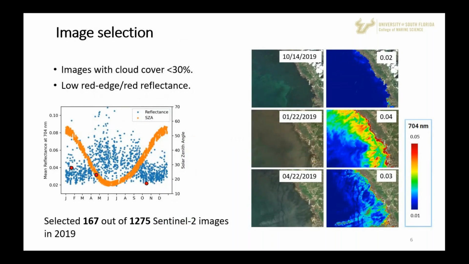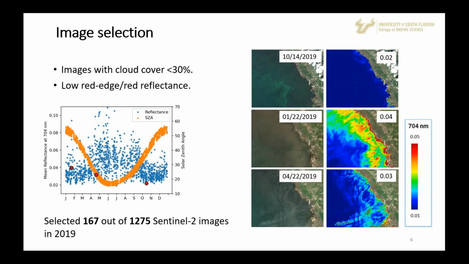Well, we can first filter the collections by cloud cover. In this case, I'm using images with less than 30% in cloud cover. Then we can filter more images based on the reflectance mean values of the red edge and red bands and water pixels from each image in the collection.